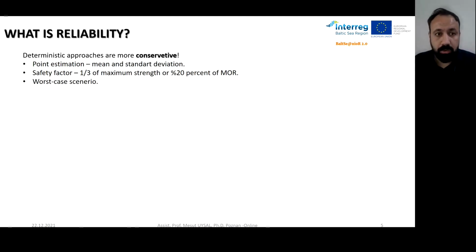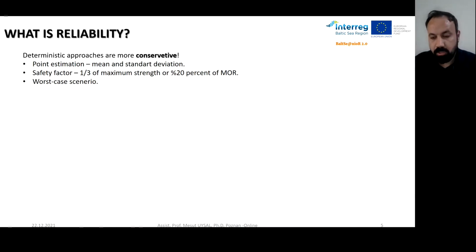For example, point estimation. If we give a mean and standard deviation of a data set, we can get a single estimate from this data, which is the point estimation. Also, we can use a safety factor, for example in the civil engineering department, and also in furniture construction, in strength design of the furniture.